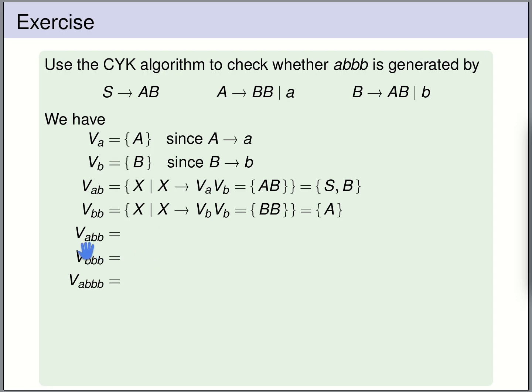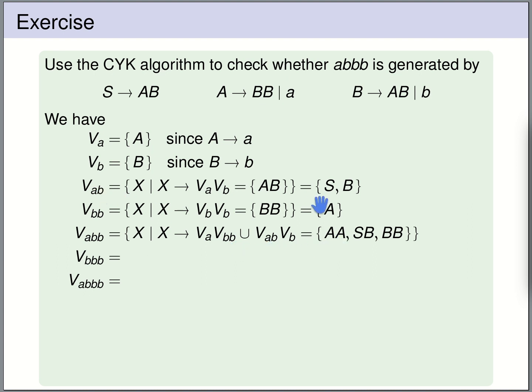Now it gets more interesting because there are two possible ways to split ABB. We split into A and BB, and we also have to consider the split into AB and B. VA is just A, VBB is also A, so this set just consists of AA.